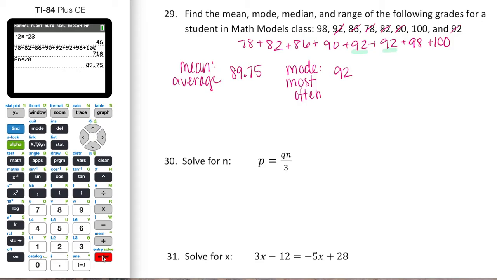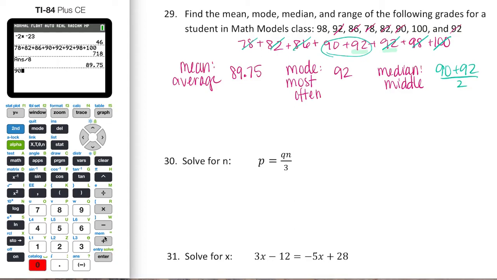Okay, and then we have our median. Our median is the middle. So if we start from the outer rings, we're going to have 78 and 100 gone, 82 and 98, 86 and 92. And you notice we actually have 2 in the middle. So we're going to take 90 plus 92, and we're going to divide that by 2.